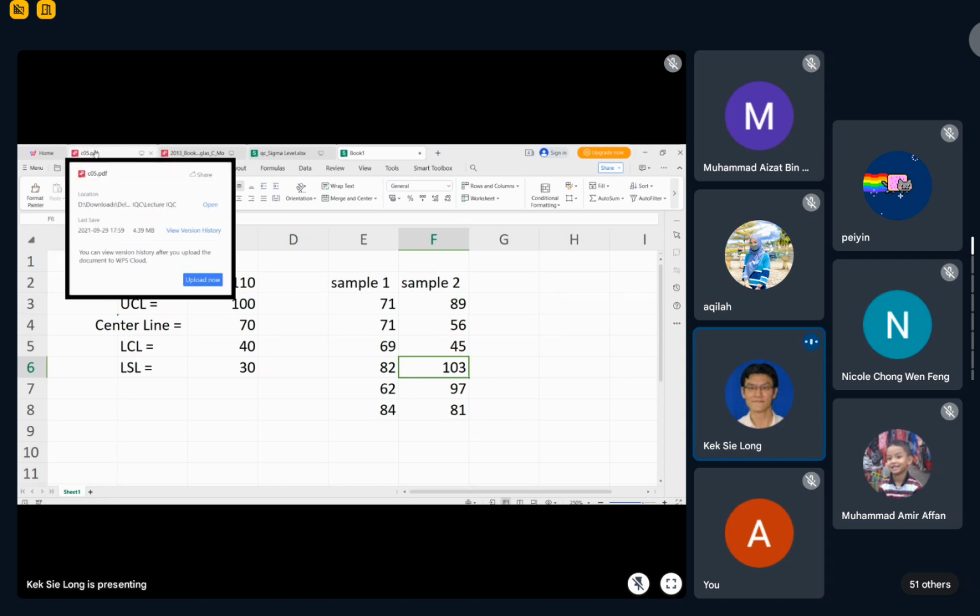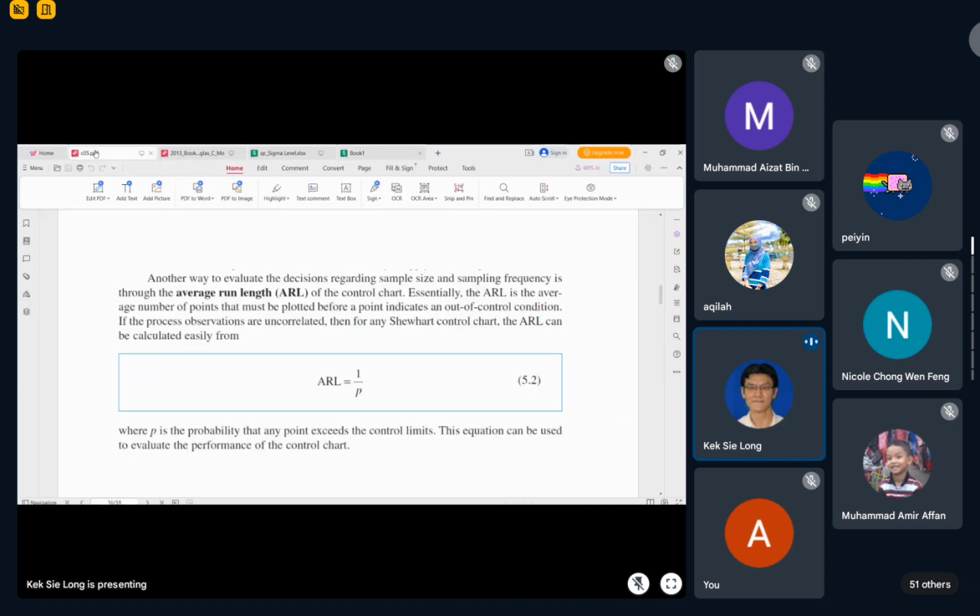So I just provide you some idea, because we do not go to a production line. Then how to understand this ARL? From our discussion, we can set P with the 3 sigma level.